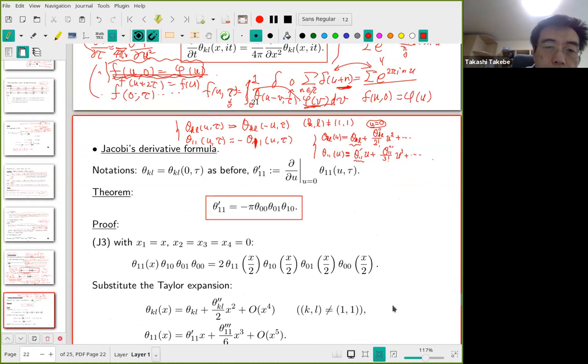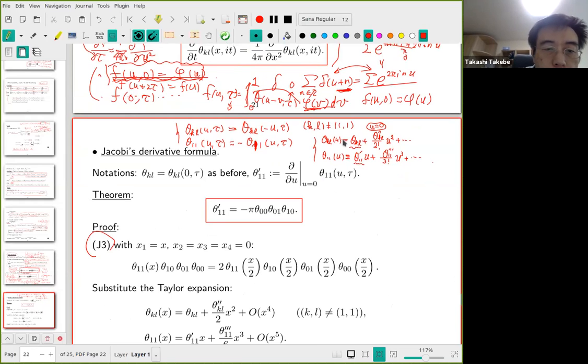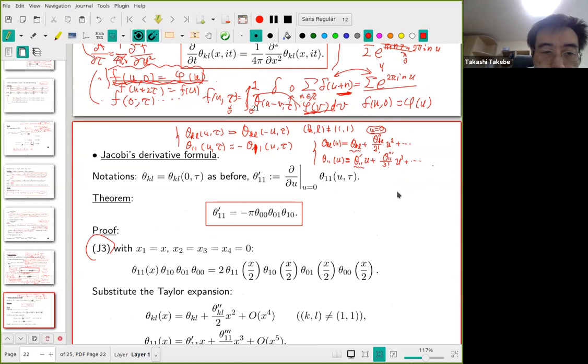Well, this is a corollary of one of the equations which we proved last time.